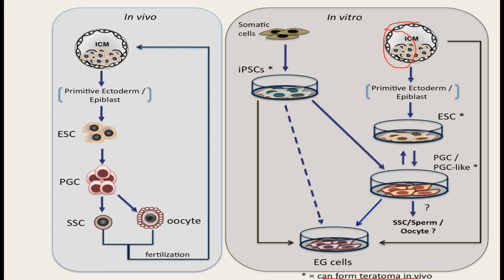This is blastocyst. This forms primitive ectoderm or epiblast. Further it forms embryonic stem cells, and these embryonic stem cells also form post-gastrulation cells. When these both come together, these form somatic stem cells, sperms or oocytes.